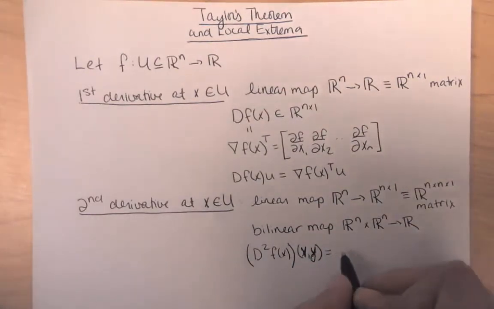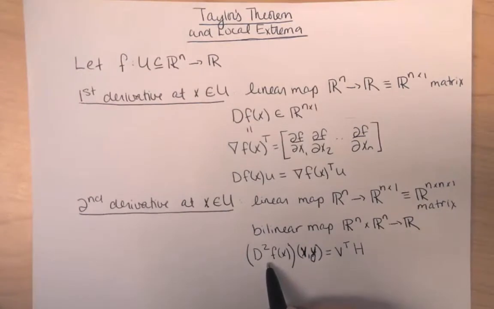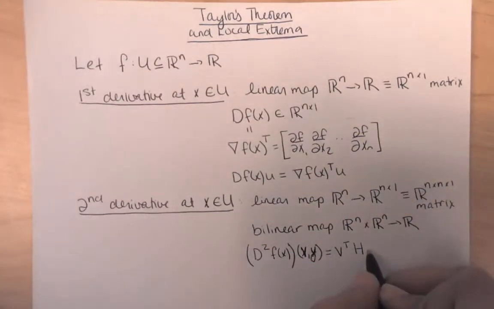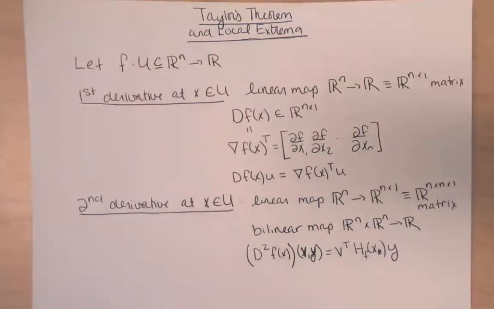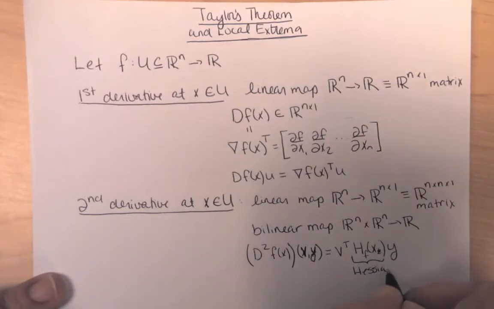It's the same thing as v transpose times the matrix representation of the second derivative, which we call a Hessian, evaluated at x times y. Of course, it's the Hessian with respect to f. So this is the Hessian.